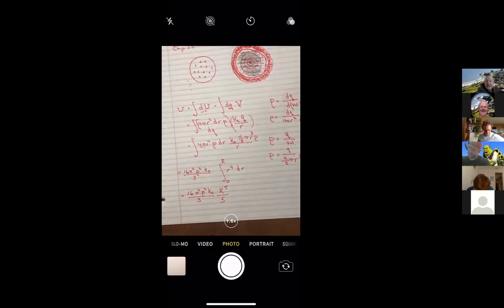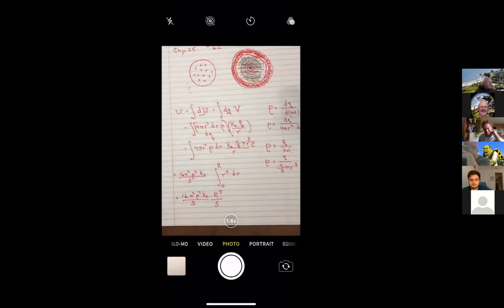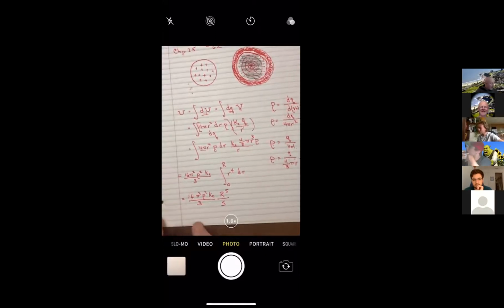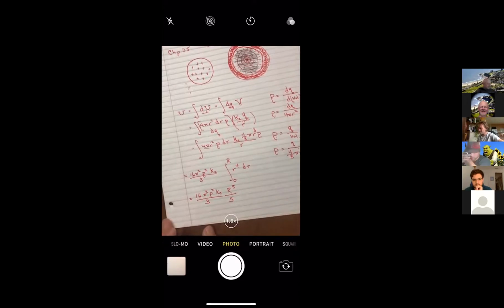Now, you might say technically I'm done, but there's kind of an unwritten rule that I should tell all you guys. When somebody gives a problem and says, solve it, so here's page 1, and they give you some variables in the problem, like, let me come back to read this. They gave me total charge Q, radius R, and density rho. They want to make sure your answer is in those variables.